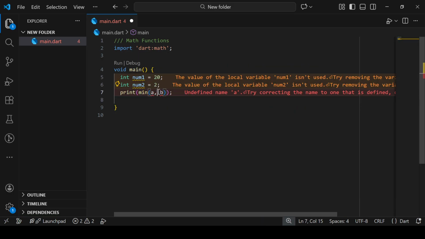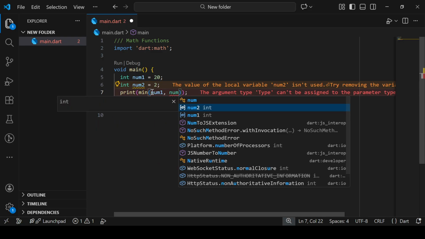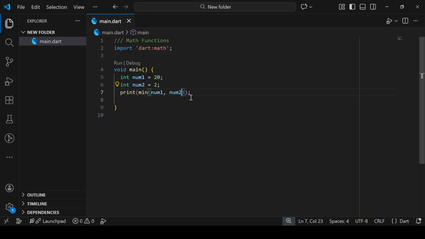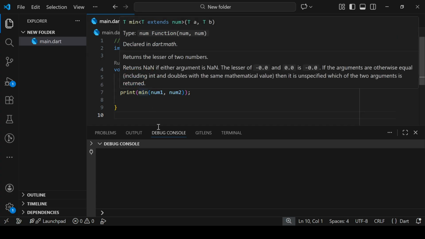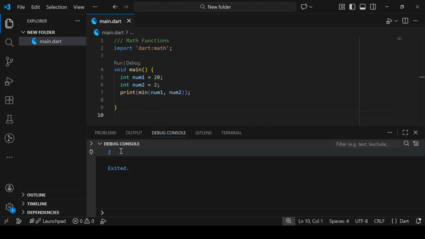It compares them, and the returned number will be the minimum of these two numbers. If I write num1 and the second is num2, the minimum number is num2, so num2 will be printed. Here you can see 2 is printed.